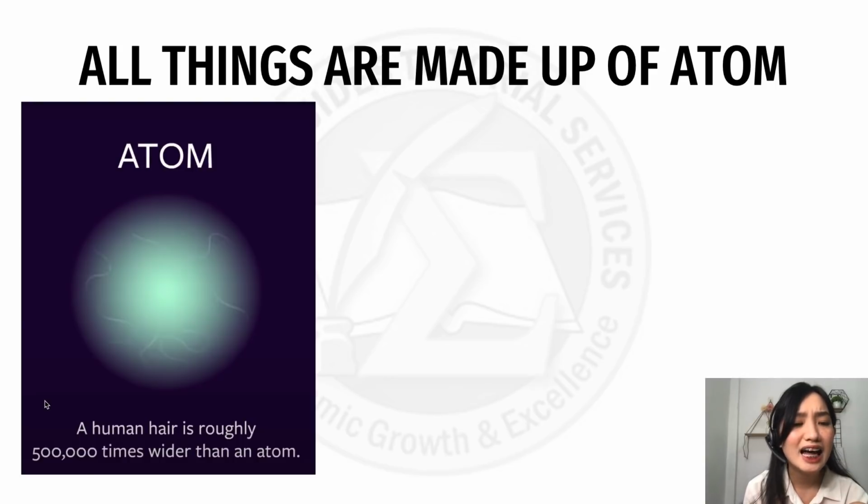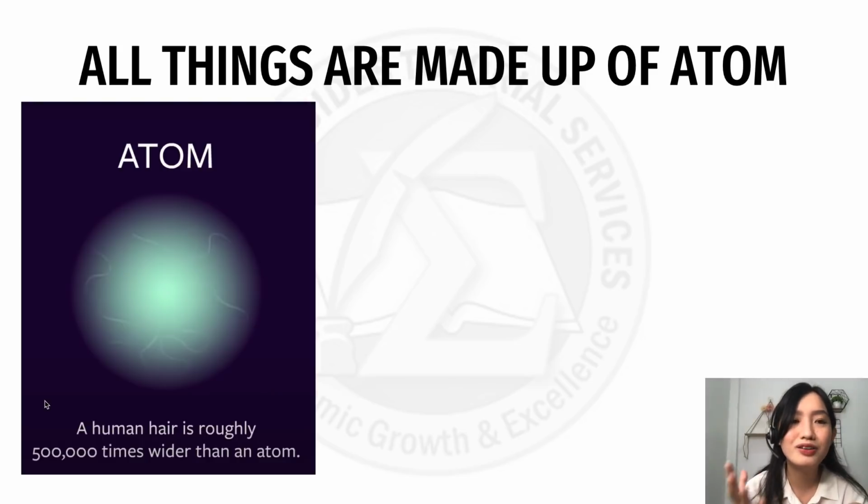All things are made up of atoms. But a single atom is so small it is impossible to see with the naked eye. In fact, a human hair is roughly 500 times wider than an atom. Just take a look on your screen, how small this is. But what if I tell you that this very small particle actually possesses internal structure?